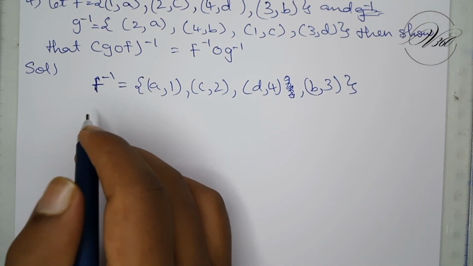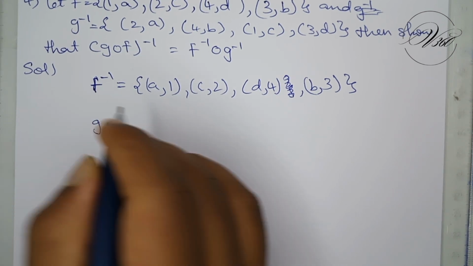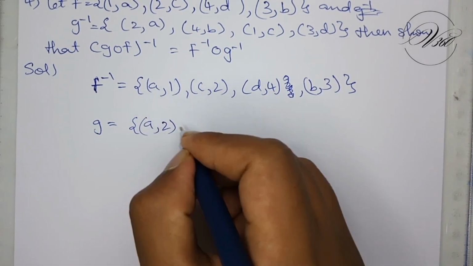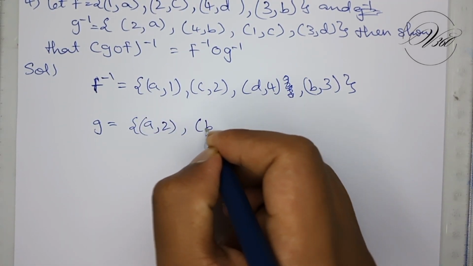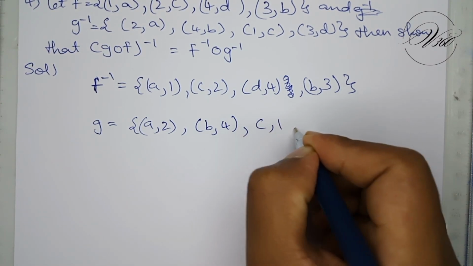Now I convert g inverse to g. Now g is a comma 2, b comma 4, c comma 1, and d comma 3.